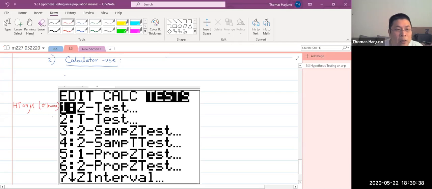This one, the t-test, is hypothesis testing on mu with sigma unknown. Now this one is hypothesis testing on population proportion. And this thing here is the confidence interval for mu with sigma known.